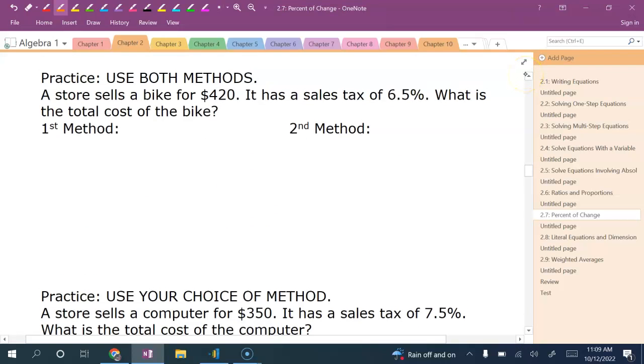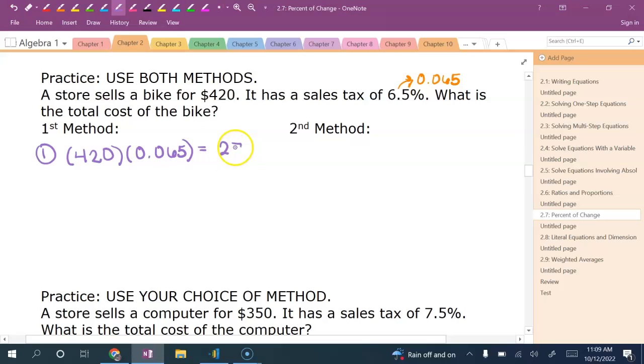This example says that we have a store selling a bike for $420. It has a sales tax of 6.5%, which remember this would be the same thing as 0.065 as a decimal. So using the first method, we're going to take the cost of the bike, $420, and we're going to multiply that to the sales tax, 0.065.